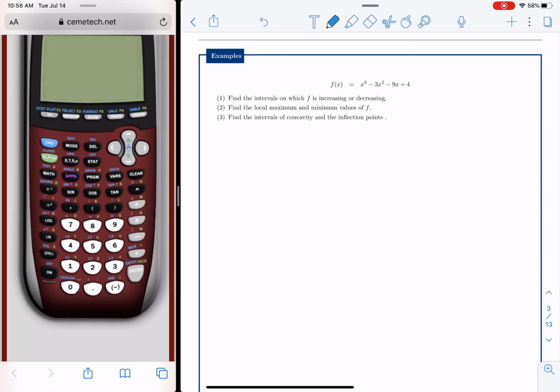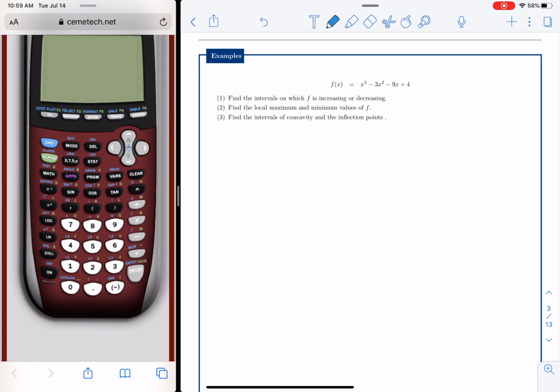So obviously we need the first derivative and the second derivative, and we could find the local minimum and maximum because the points where the first derivative is equal to 0 would correspond to local maxima or minima, because those are the critical values. The extrema always occur at critical values.